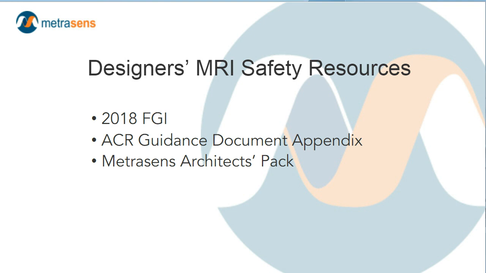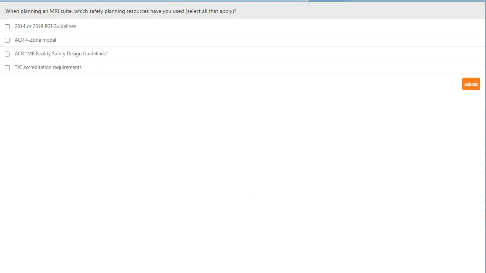But before I get into the various resources and the basis of recommendations, I want to ask you what you use for resource for MRI safety when it comes to the physical environment, to the design, the construction of an MRI suite. Do you use one of the more contemporary FGI guidelines, the 2014 or 2018? By the way, use the 2018 if you have a choice.